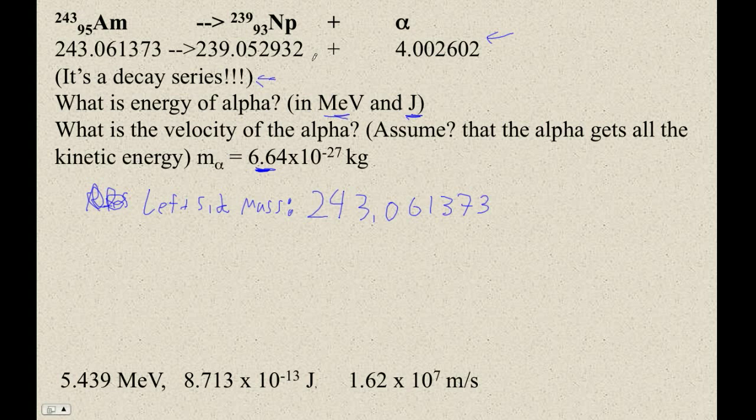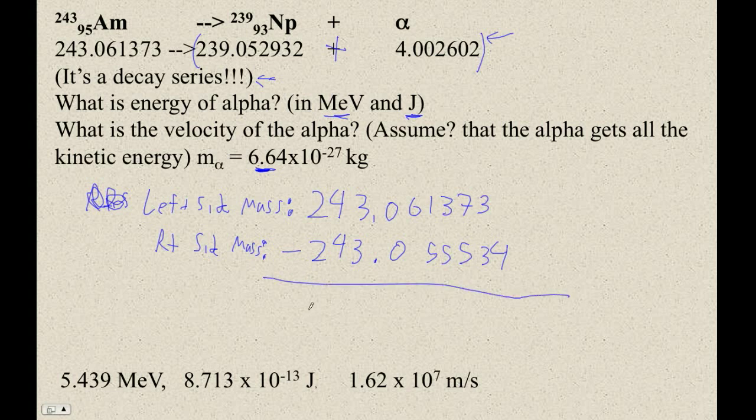Okay, 239.052932, 4.002602. Got to make sure I type it in the right number. Okay, the right side mass, if I add this guy to this guy, right? Ta-da! I get 243.055534.